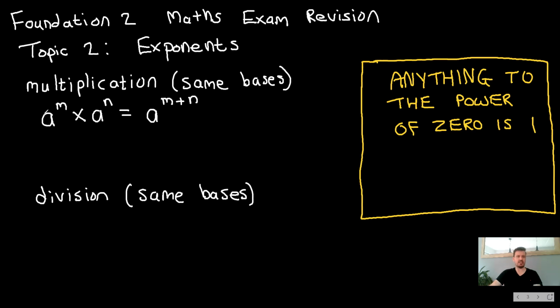So when I get told a to the m times a to the n is equal to a to the m plus n, that is often daunting because we're looking at letters. But if I replace those letters with numbers, and I say 2 to the 3 times 2 to the n, and I make n a different number, so say 2.